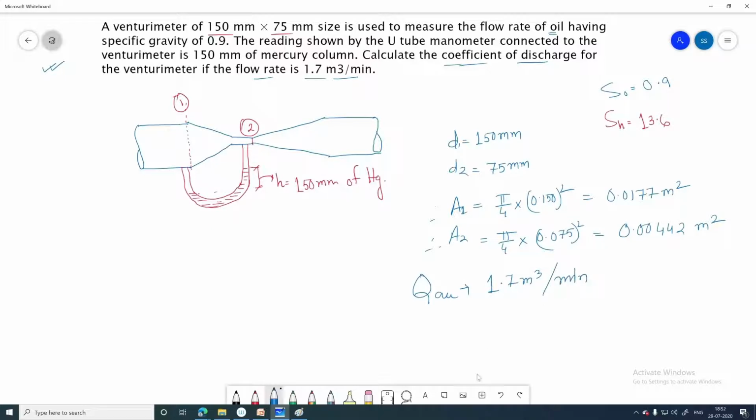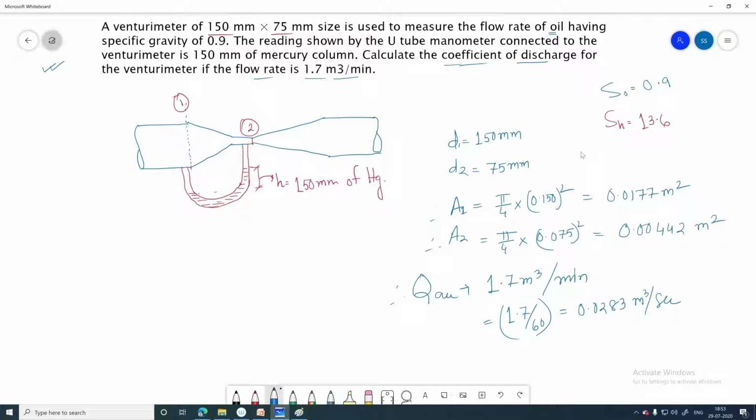I need to convert it into meter cube per second, so just divide it by 60 and it will be 0.0283 meter cube per second. So this is the value of Q actual.